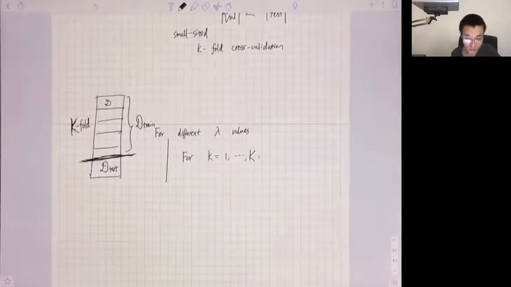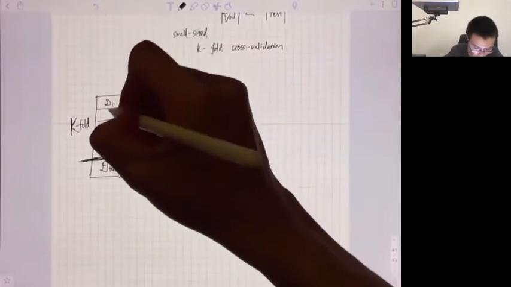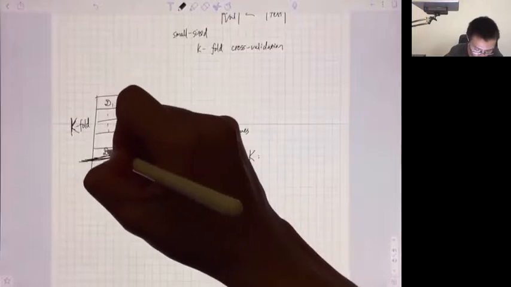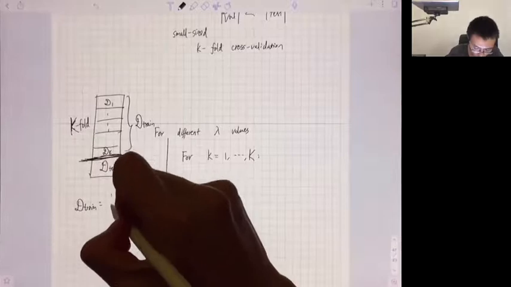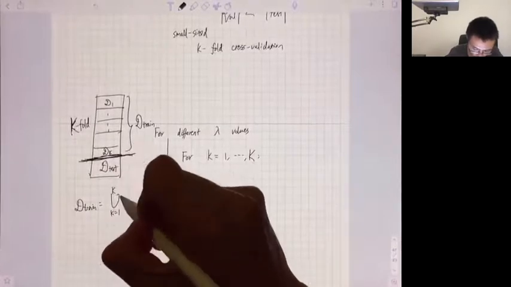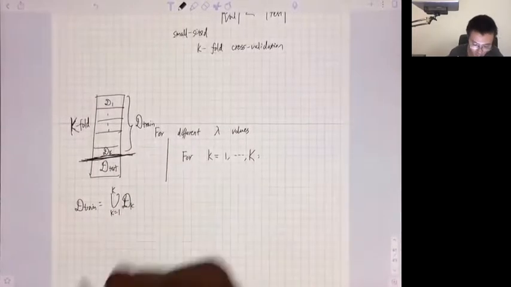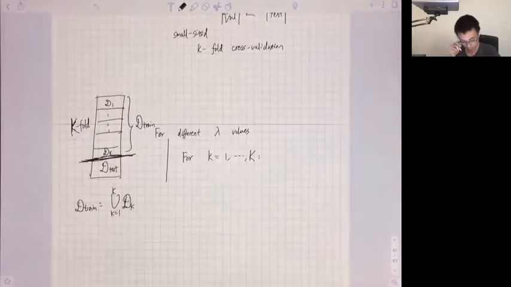Now I say this is D1 up to DK. So D train is the union of D_k for little k from 1 to K, and they are disjoint subsets.